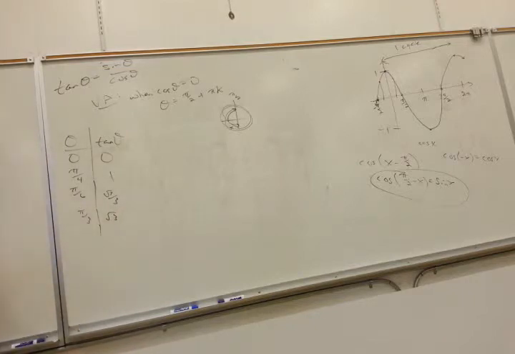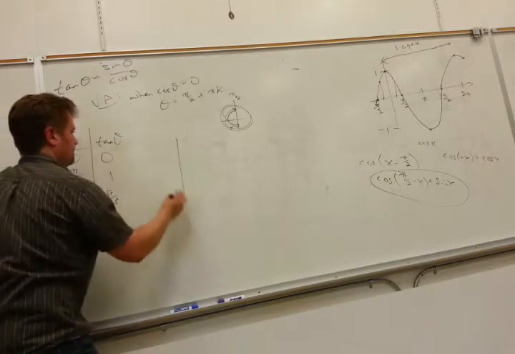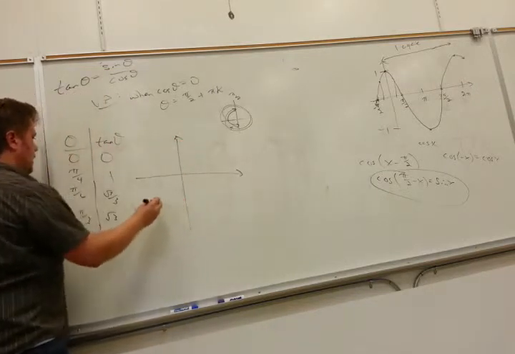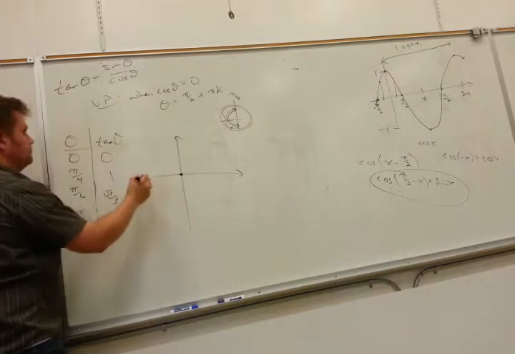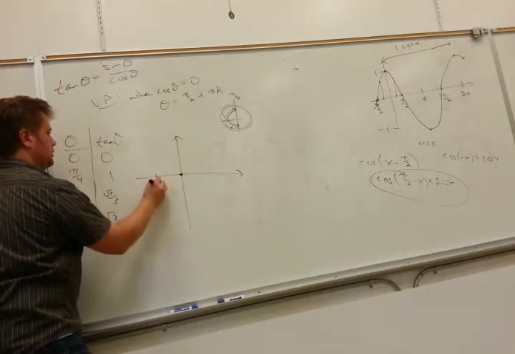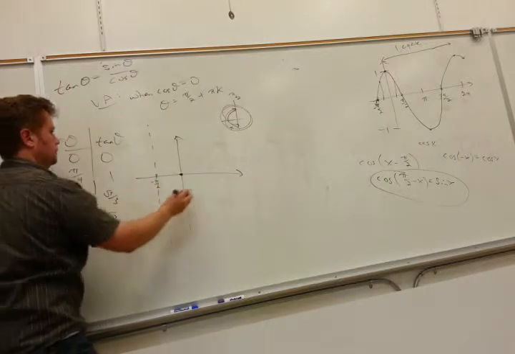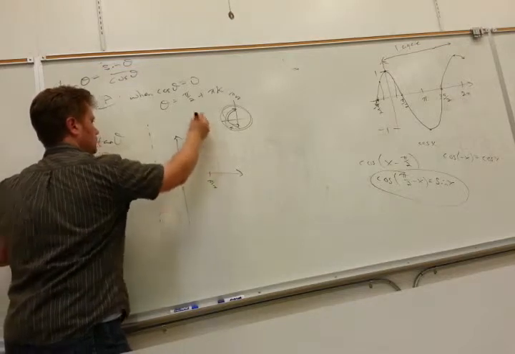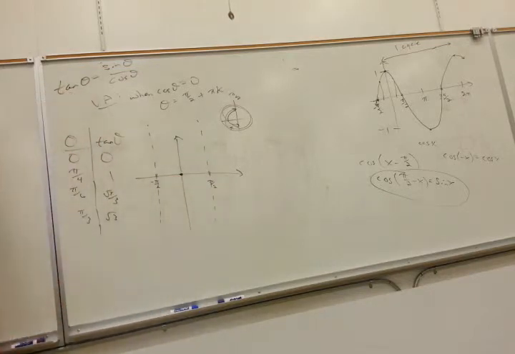So here's what it looks like. 0 at 0. At all the pi over 2's, it's got vertical asymptotes. 1 pi over 2, 3 pi over 2, not 2 pi over 2, that's fine. So it's like all the odd multiples of pi over 2. Does that make sense?